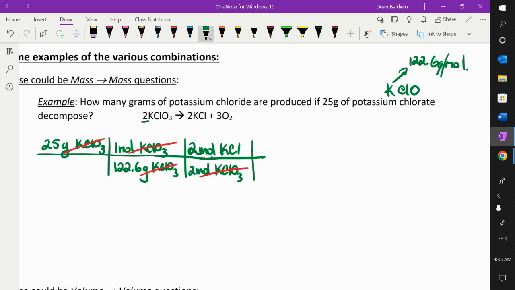And we have moles of KCl. Is everybody with me? What do I want my answer in? Grams. They want the answer in grams of potassium chloride. So to go from moles to grams, what do I need? Molar mass, right? So I need to know what is the mass of potassium chloride, KCl.